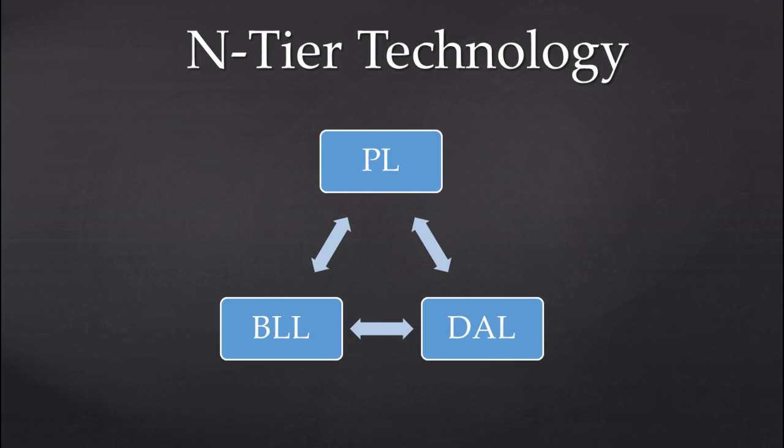Here you see PL, DAL, BLL. PL is the presentation layer, DAL is the data access layer, and BLL is the business logic layer. Why do we use N-tier technology? Because we need to save time.